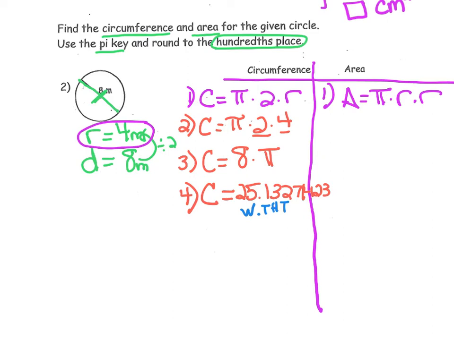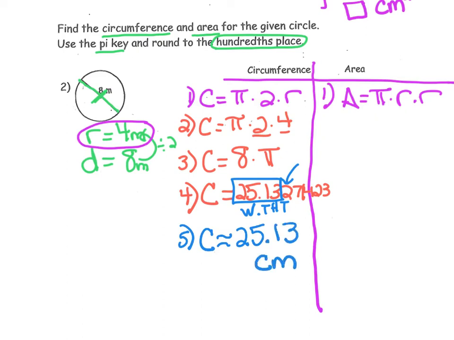Mark your place values and box in the number to the hundredths place. Round to the hundredths place. The 2 is not 5 or more to raise that score. So rounded, you should get 25.13 centimeters.